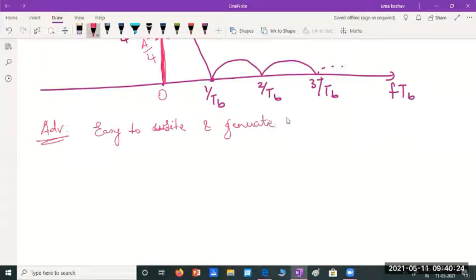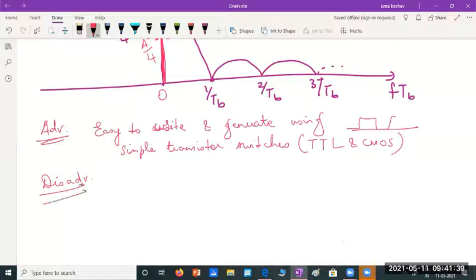Whenever I have to generate such unipolar NRZ signals, you can easily generate them using transistors like switches. You can use simple transistor switches to generate such unipolar NRZ waveforms.